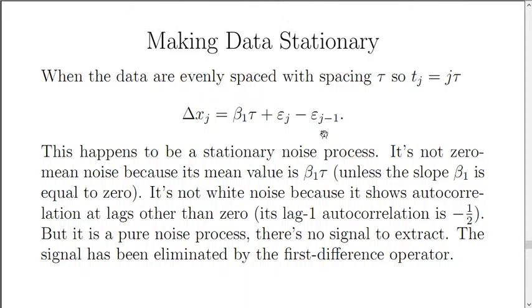Now, this happens to be a stationary noise process itself, but it's not a zero mean process because its mean value is beta 1 times tau, unless the slope was 0 to begin with, which wouldn't really make sense for this example. It's not white noise because it shows autocorrelation at lags other than 0. In particular, its lag 1 autocorrelation is going to be -1/2. But it is a pure noise process. There's no signal to extract because we have eliminated the signal by applying the first difference operator.